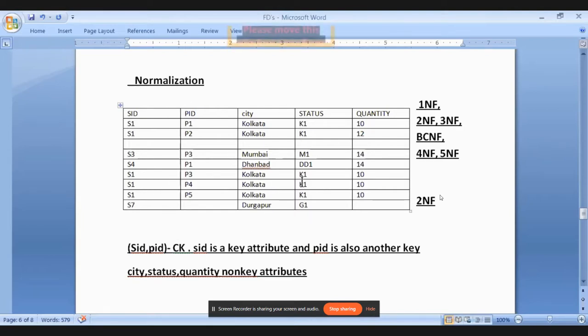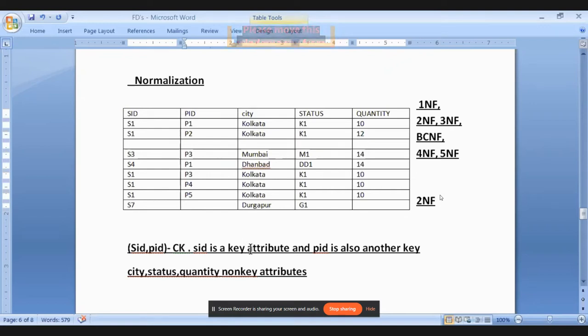What was the insertion problem? Suppose a new supplier S7 stays in Durgapur and the status of Durgapur is G1. I could not enter this record because the new supplier has no product to supply, and I could not keep the product as null.